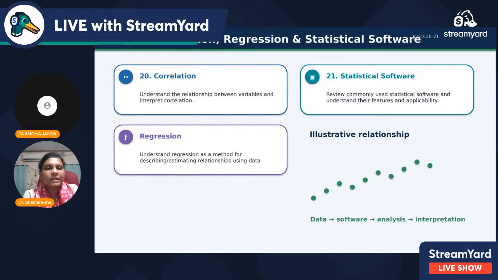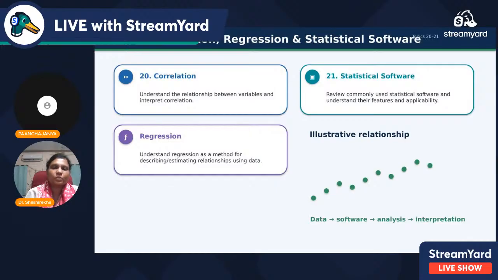Regression. Understanding regression as a method for describing and estimating the relationship using the data. So you will be using the data and trying to build a relationship between the variables. And coming to the statistical software, review commonly used statistical software and understand their features and applicability. For calculating the data, you may need some statistical software such as SPSS.